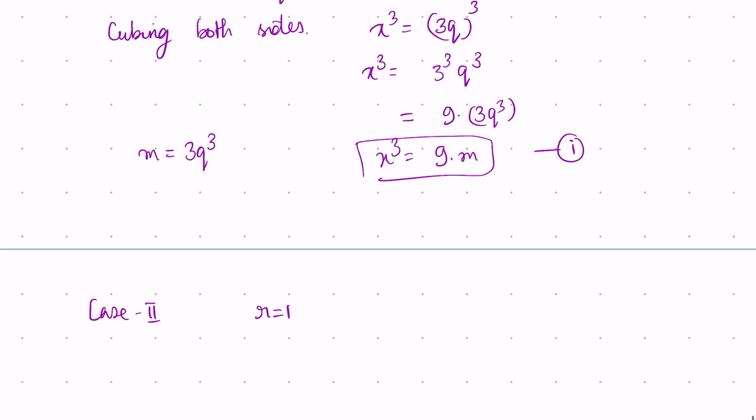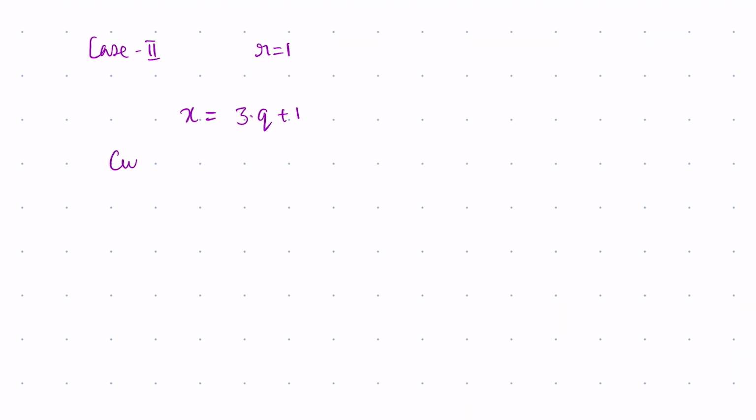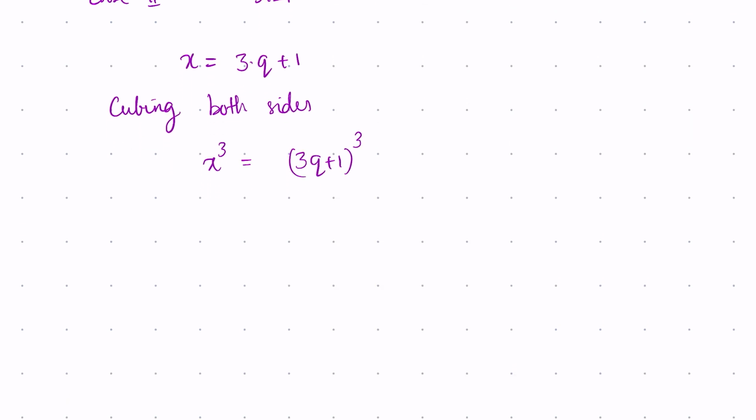How about the second case, case 2, where r is equal to 1? In this case, x looks like 3q plus 1. Again, cubing both sides, x cubed is equal to 3q plus 1 whole cubed. This is nothing but a plus b whole cubed, which is a cubed plus b cubed plus 3 times a times b multiplied by a plus b.